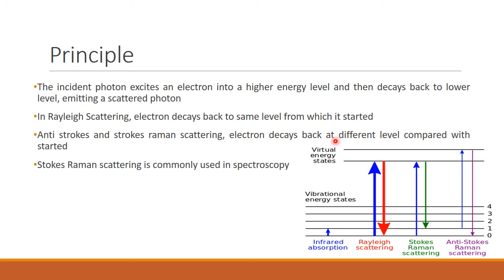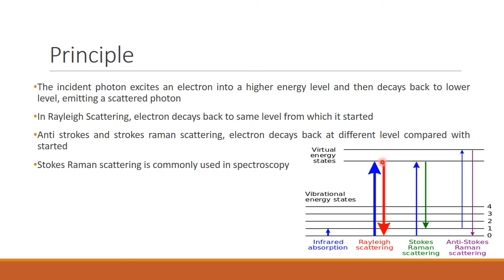Now this diagram schematically shows how the electrons move from one energy state to another. This shows different energy states. Say, for example, let the electron be at a lower energy state, and when a monochromatic laser beam comes and interacts with it, the electron is excited to a higher energy state.